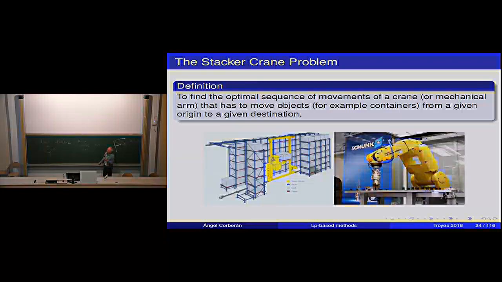The definition of the problem is to find the optimal sequence of movements for a crane or an arm that has to move objects, for example containers, from a given origin to a given destination. This is an arm that has to take this piece from this position and move it to that other position.